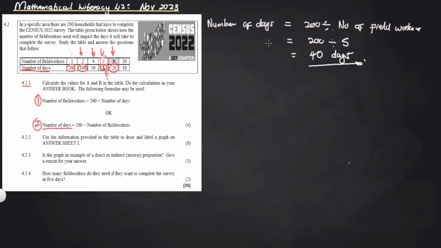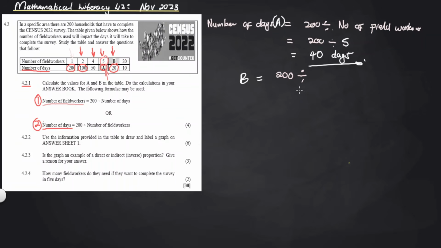Now to calculate B, this was A. To calculate B, we have to use the first formula because we want the number of field workers, and formula number 1 gives us the value for B. So it's 200 divided by the number of days.